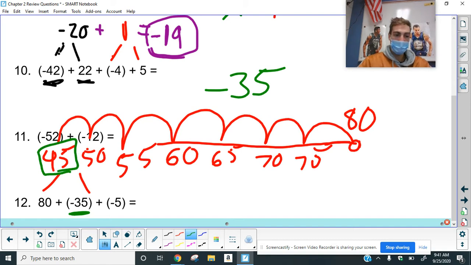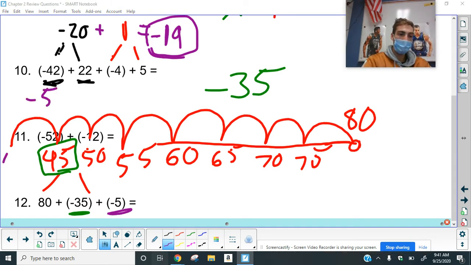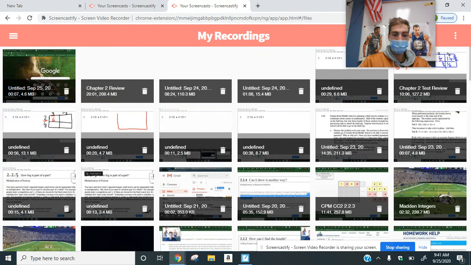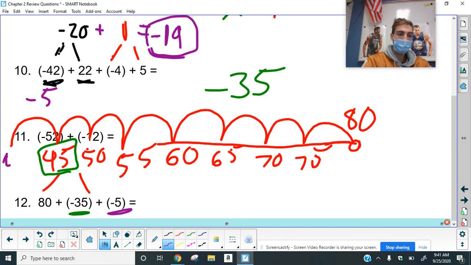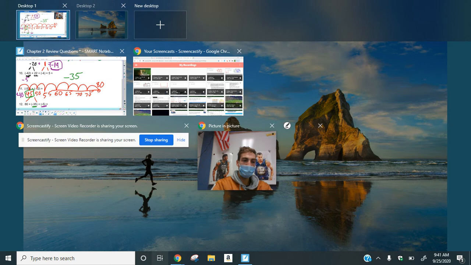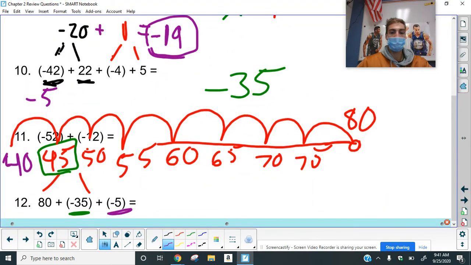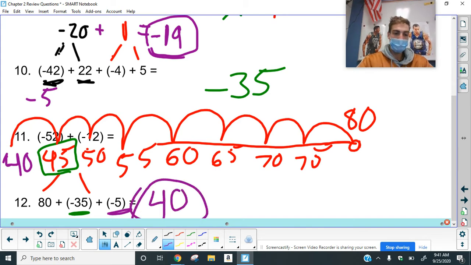But now I need to add negative 5, which means I'm going to go 5 back again. So now I'm going to end at 40. Or excuse me, positive 40, right? We're not in the negatives. So my answer here would be 40.